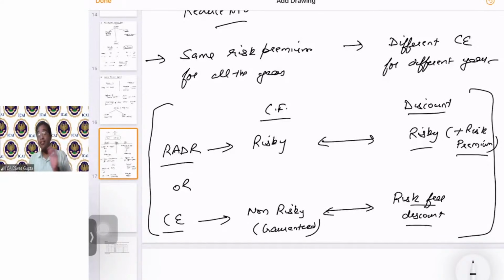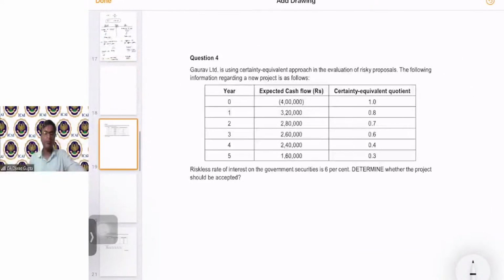The question will give you both a risky rate and a risk-free rate, and it will ask you to apply certainty equivalent. Then probably you will have to pick up only the risk-free discount rate. Okay. So that's why I thought I'll just put this point early, so that at least all of us are aware of what is the right thing to be done. Okay, Varsha. I hope this clears.